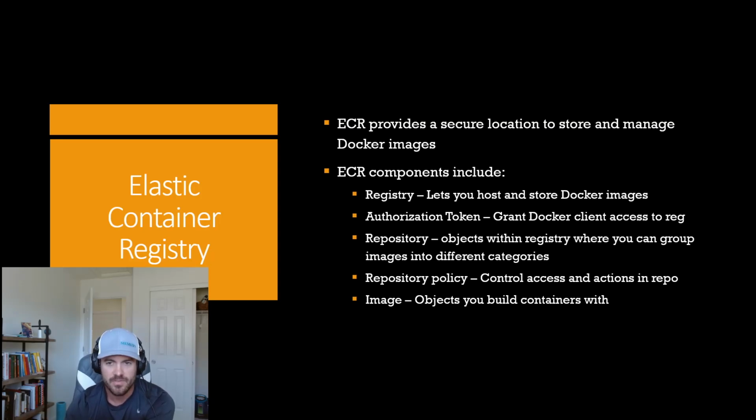And it's got a couple different components, including the registry itself, which lets you host and store Docker images, and an authorization token, which grants your Docker client access to this registry, a repository, which is basically objects within the registry where you can group images into different categories, repo policy, which controls actions and access to your repo. Okay, and then you have images, which are just the actual objects that you build out your containers with.